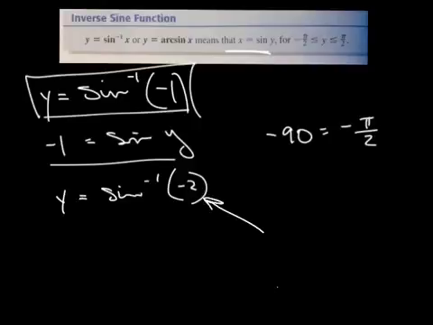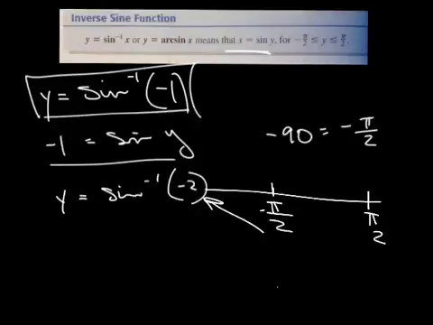Well, it gives me an error because I'm using -2 as my x value, and arc sine of -2 does not exist because it is not in the domain of the inverse sine function. If I look at my xy axis, remember it gave me -pi over 2 and pi over 2. It has to be between there, and the number 2 is not there when I'm doing my regular sine function.